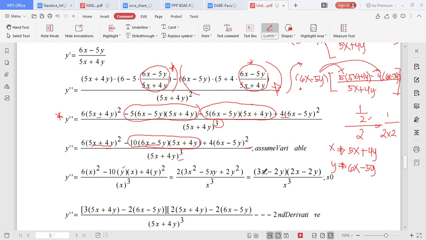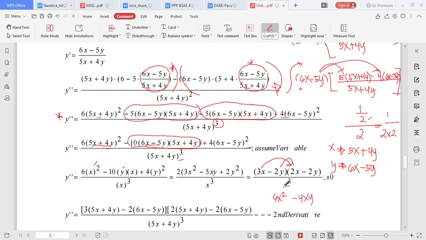So, let us see. 3 times 2, that is 6x squared. That's correct. And 2y times 2x, so 6x squared minus 4xy.